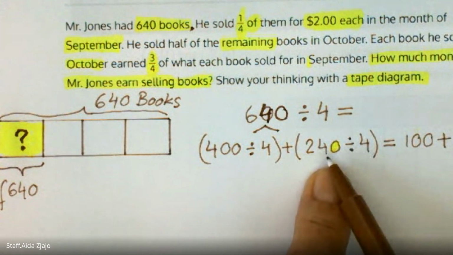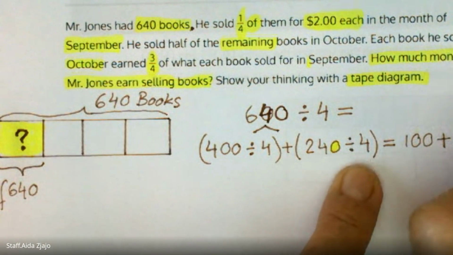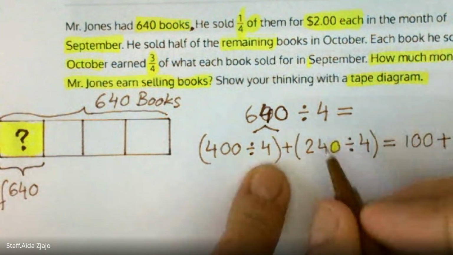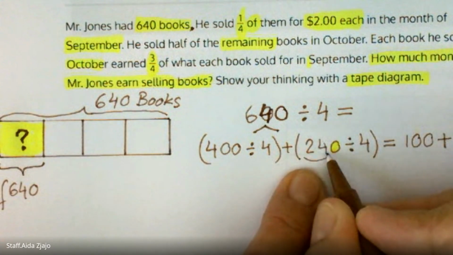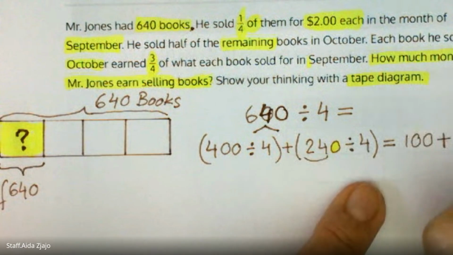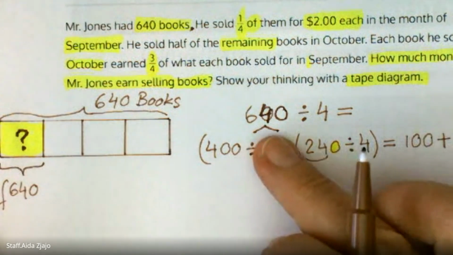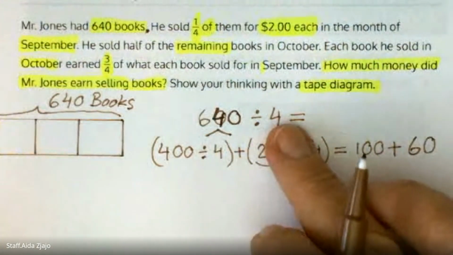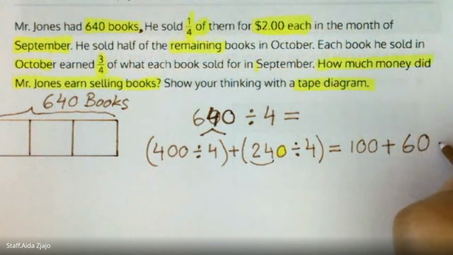I know 4 times 6 is 24, times 10 is 60. So 640 divided by 4 equals 160 books.